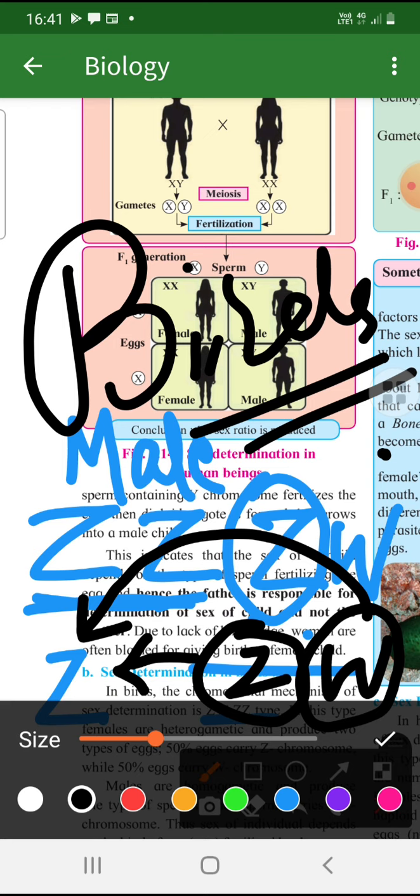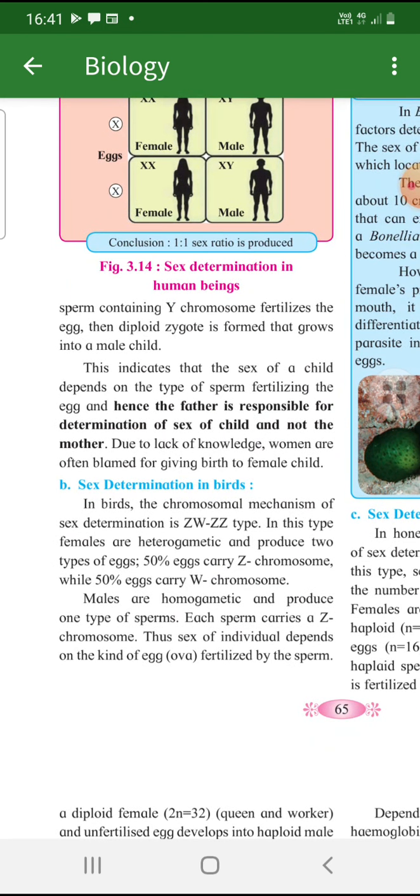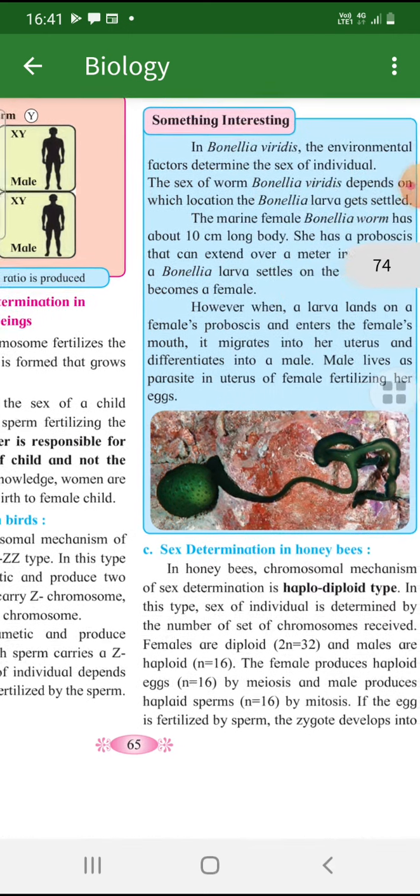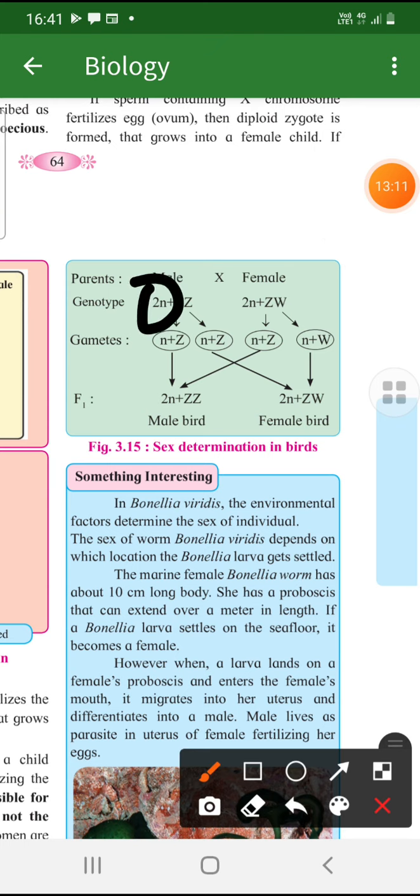Okay, female is responsible for the sex of the child in birds, but it is not written as X and Y, it is written as ZZ and ZW type. Okay, here you will ask me what is this 2N. The remaining chromosomes are kept here in the form of 2N.